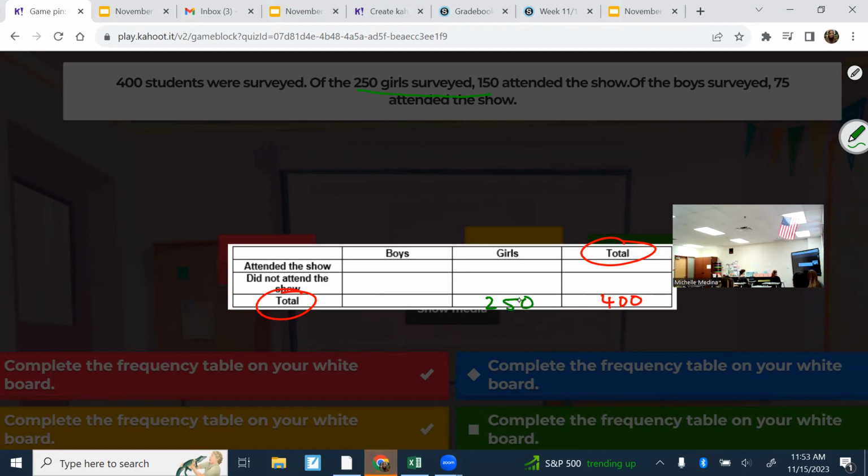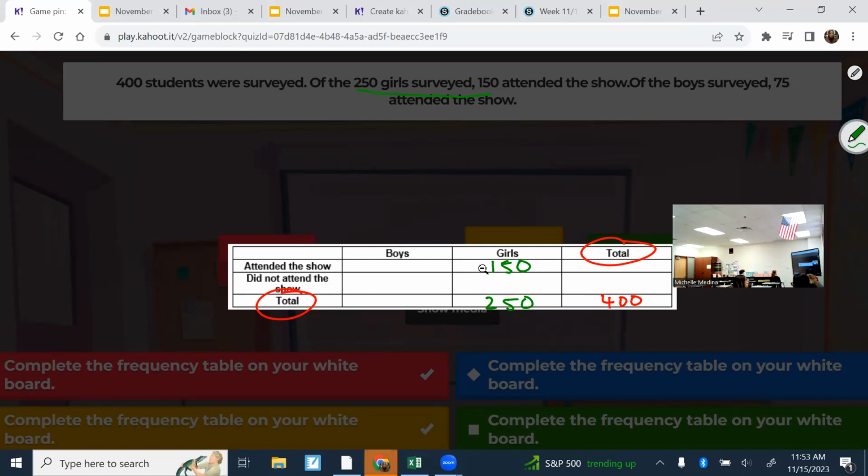I know there's more after that, but we know 250 girls were surveyed, so I need to put that where girls and total intersect. But of those 250 girls surveyed, 150 of them attended the show. So where do I put the 150? Right under this heading of girls. That's the girls that attended the show.